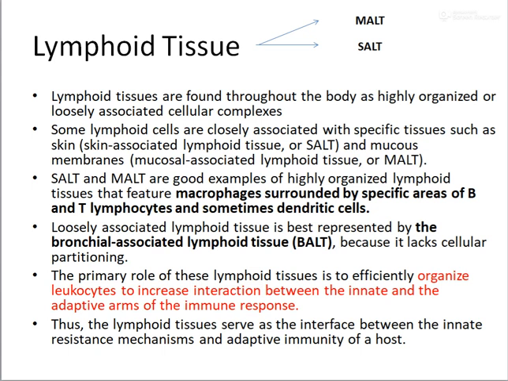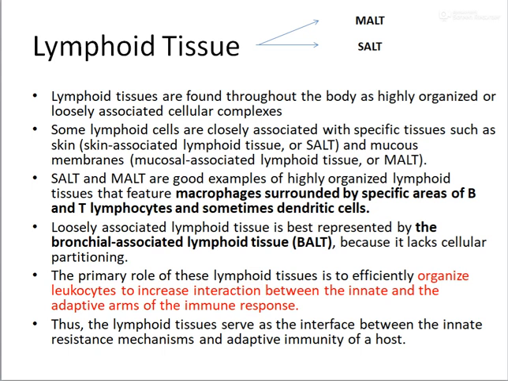The lymphoid tissues are less organized tissues found at different parts of the body, and they play an important role in the immunological system. They are loosely associated cellular complexes, and sometimes they can be associated with specific locations or with different other locations.